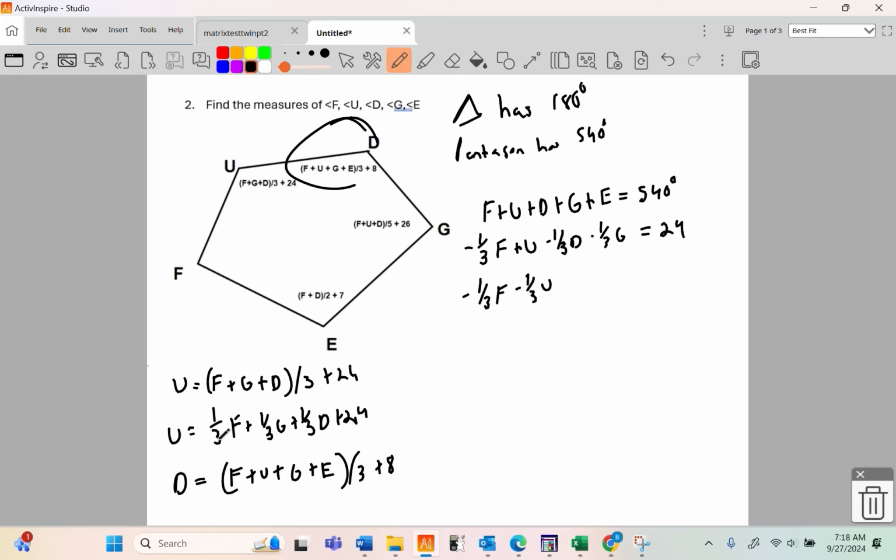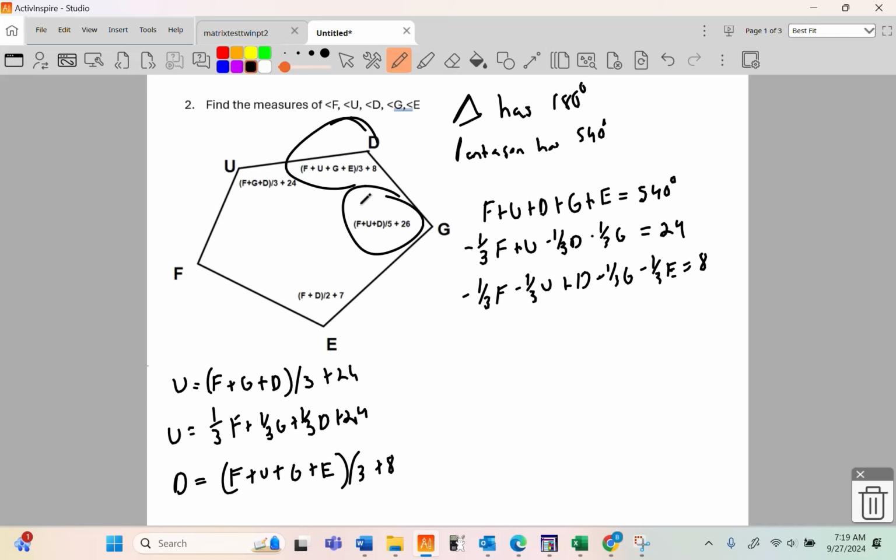The D is right here. I would move a third of G over. This one talks about everything, doesn't it? It's got all 5 of them. I'd move a third of E over. And in this case, it equals 8. And that's kind of the deal on this one.